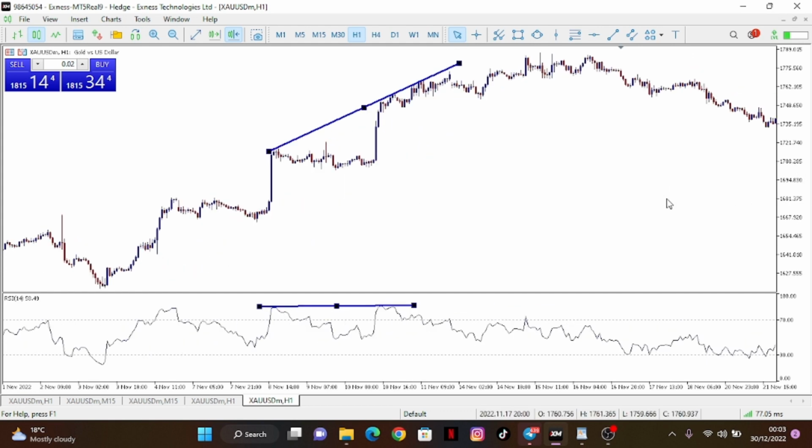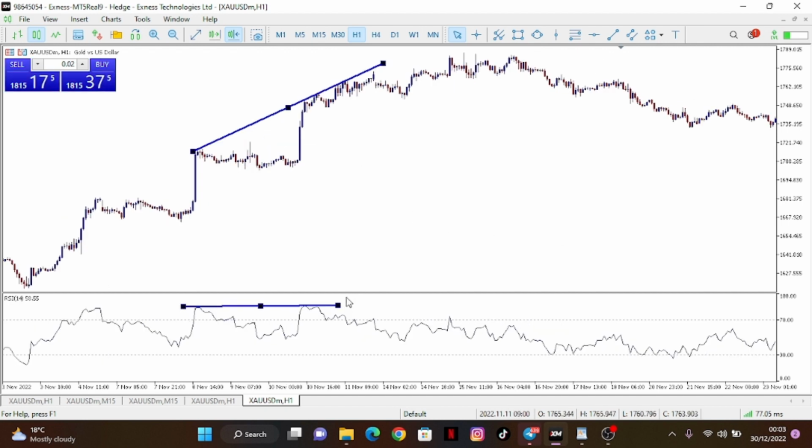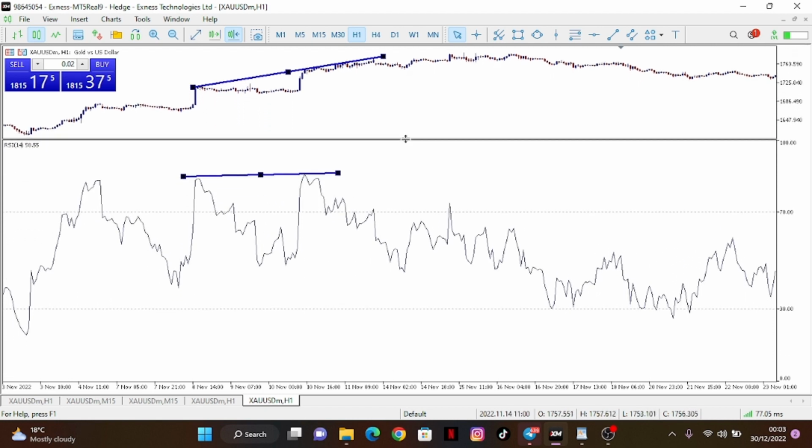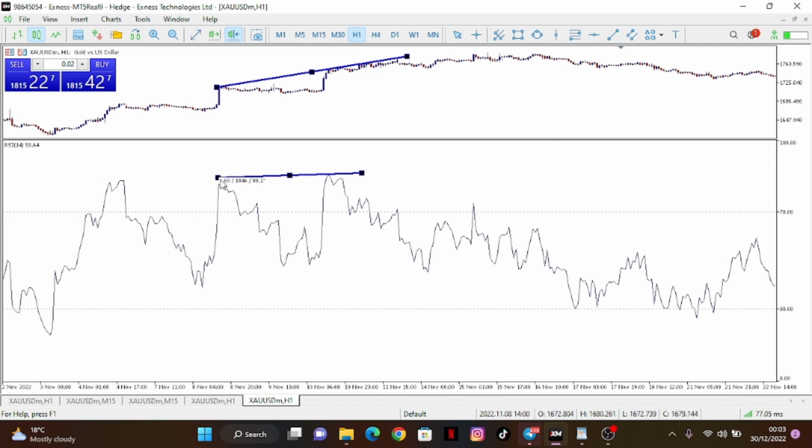We have divergence here. Okay, yeah, we have divergence. Is this? No, it's not. My bad, it's not, guys. We would have said we have spotted regular divergence if this thing was actually pointing to the downside, but it's not.